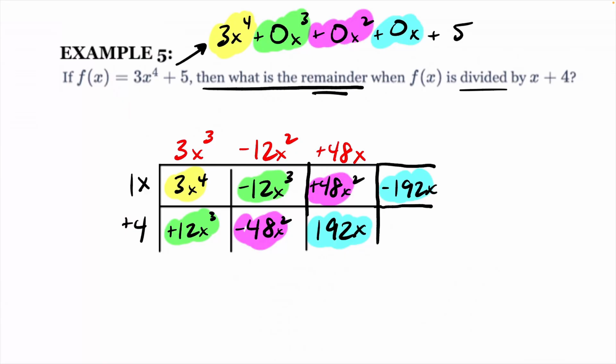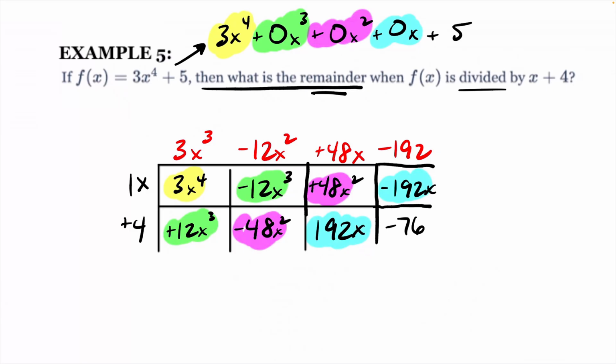X. So this is going to be negative 192. Negative 192 times 4 is negative 768. Close off the box, finish it, you're done with the box.